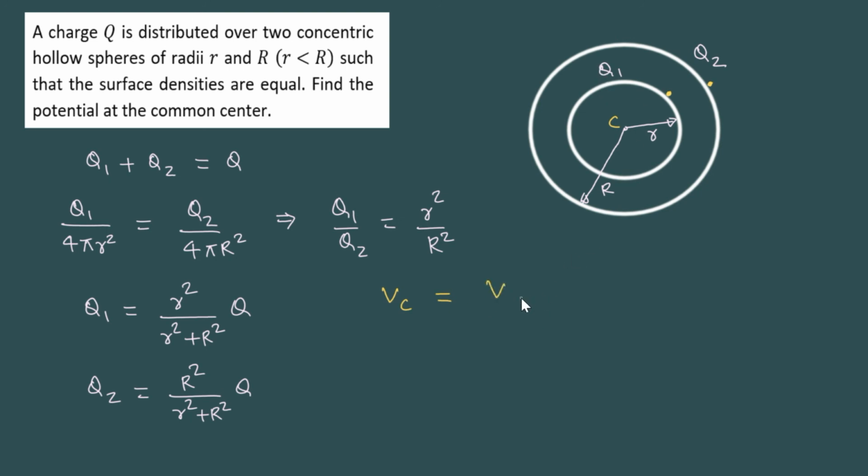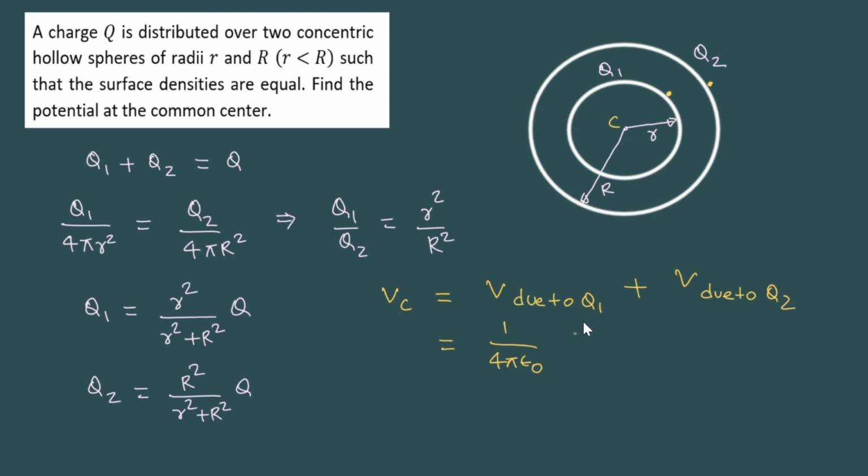With this in mind, we can say the potential at C is the potential due to charge Q1 plus potential due to Q2. What is the potential due to Q1? It is 1 by 4 pi epsilon naught. Whatever potential the shell has at a point just outside it will be the potential at the center as well.